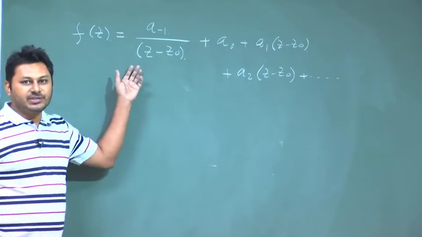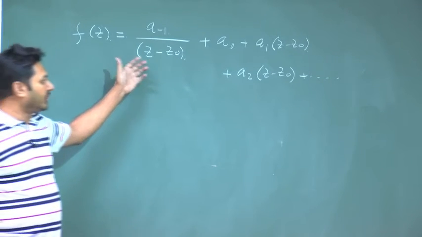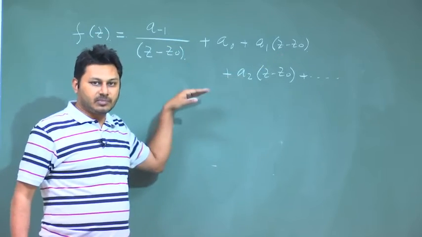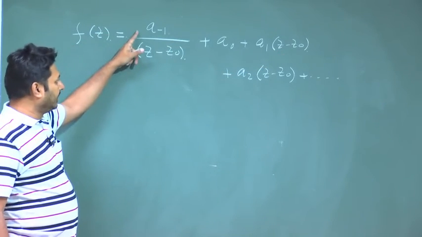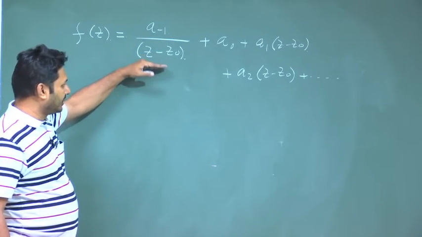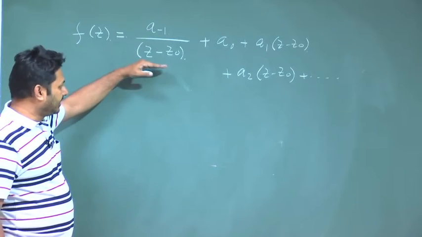The next question is how to calculate this a minus 1 term. If the term is sitting here, that means the function has a singularity at z equal to z0, and this is a simple pole.